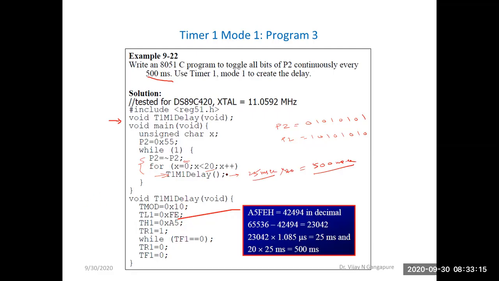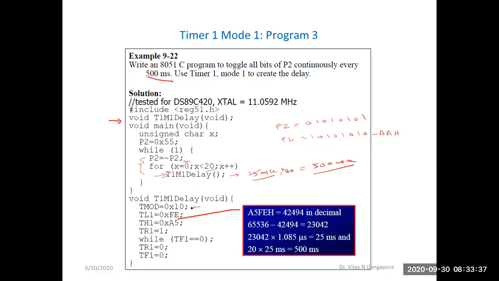So see what will happen. First I have outputted AA to port 2. Then I am calling this for loop, which will call the T1M1 delay function 20 times. In this T1M1 delay, TMOD is equal to 0x10.